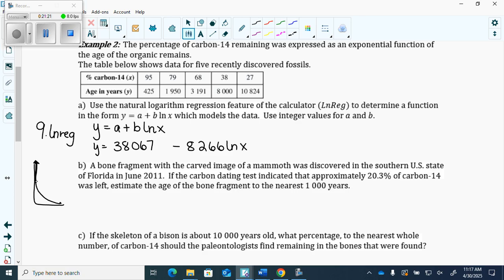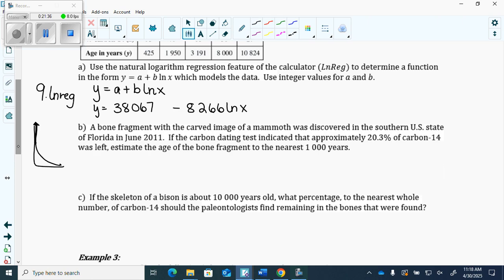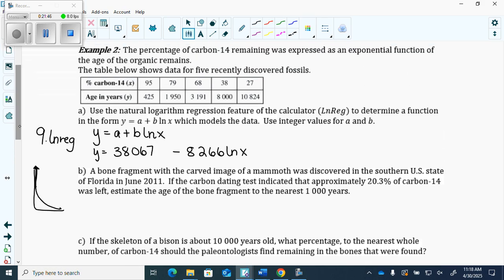All right. So here we have a bone fragment with the carved image of a mammoth discovered in the southern U.S. state of Florida in June 2011. If the carbon dating test indicated that approximately 20.3% of carbon-14 was left, estimate the age of the bone to the nearest 1,000 years.